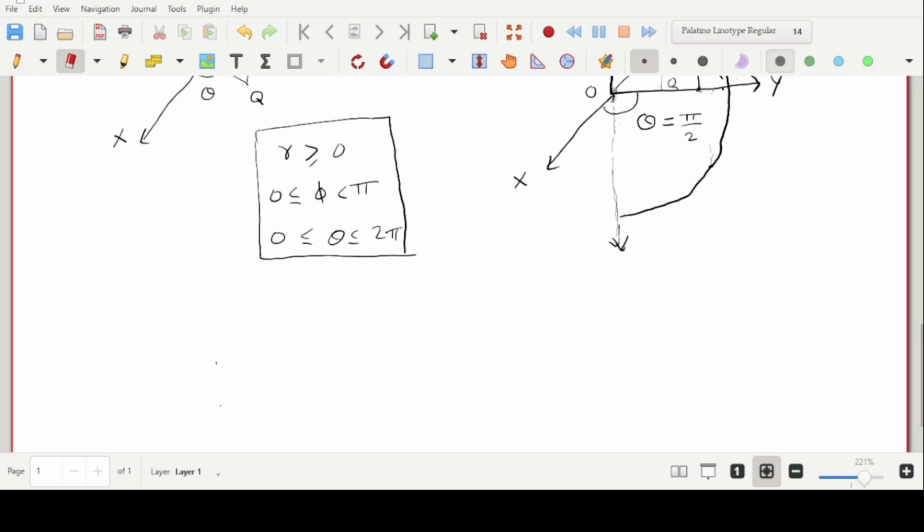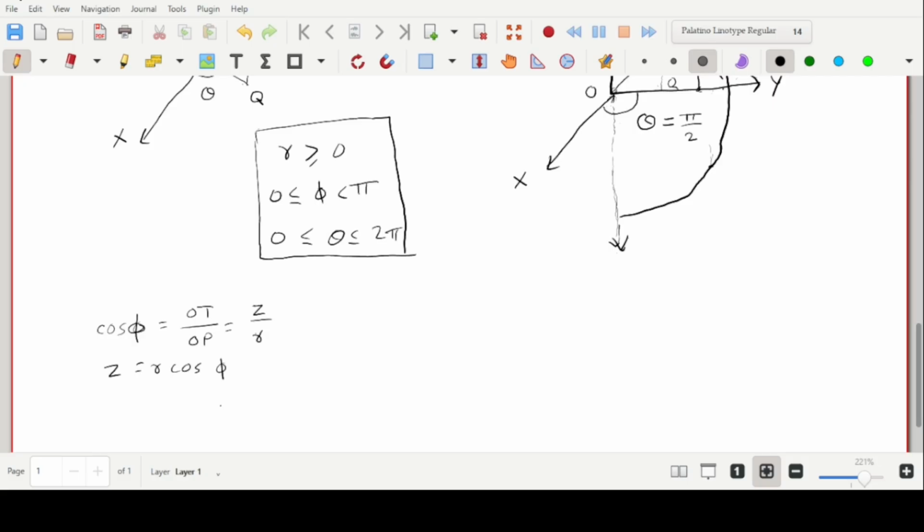We'll write it afterwards. Cos of phi is the adjacent side of phi, which is OT, divided by OP, but OT is the Z coordinate of the point P, and OP is the length R. So Z is equal to R cos phi.